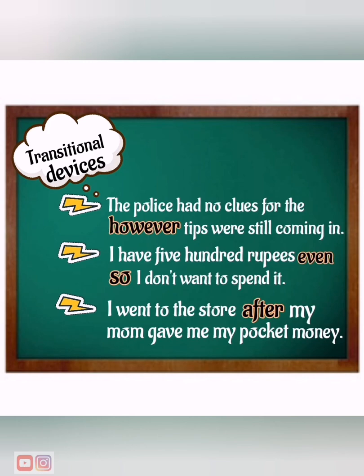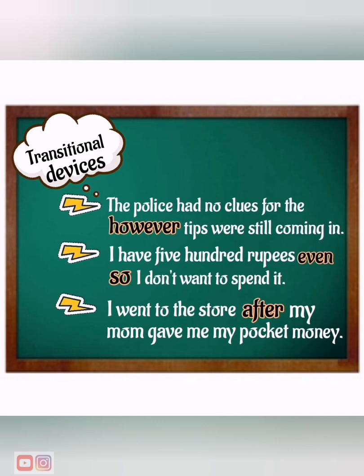However, tips were still coming in. The next example is I have 500 rupees, even so I don't want to spend it. So because of this transitional device, even so, you are tying up the two main clauses of the compound sentence with each other.